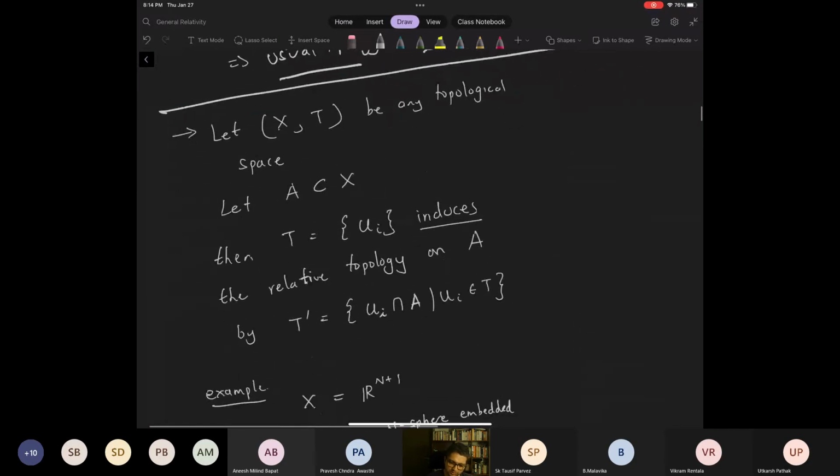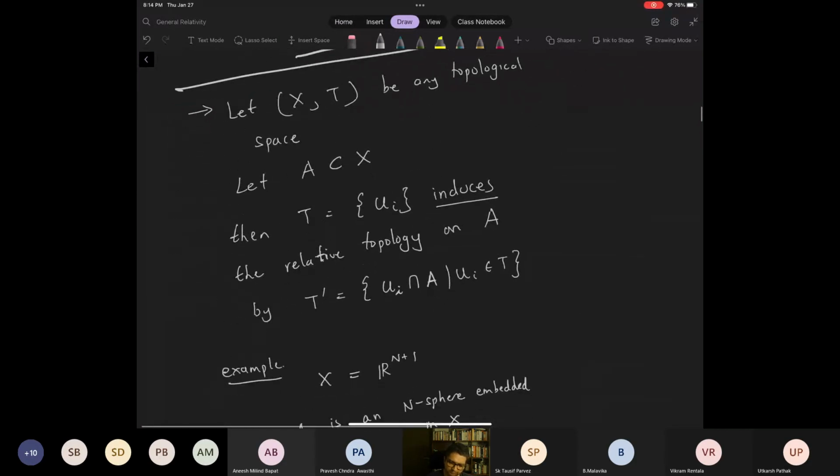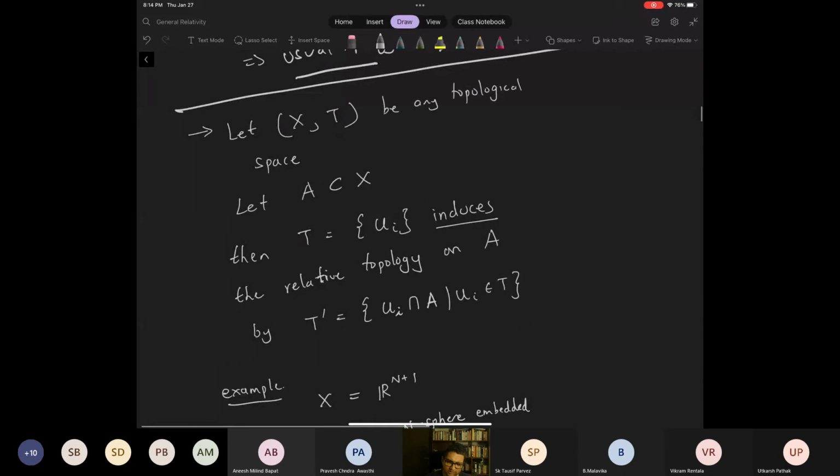Okay, so now let's do some more definitions. Let's again go back to our abstraction. Even though mostly we'll be interested in just the usual topology on Rn, let's be more abstract for the moment and go back to this general idea of a topological space.